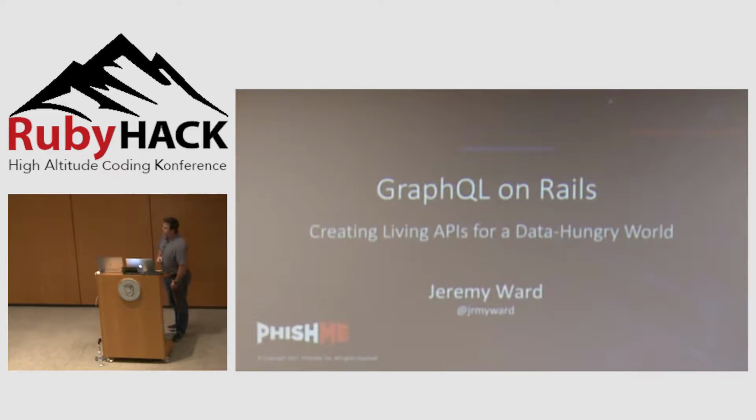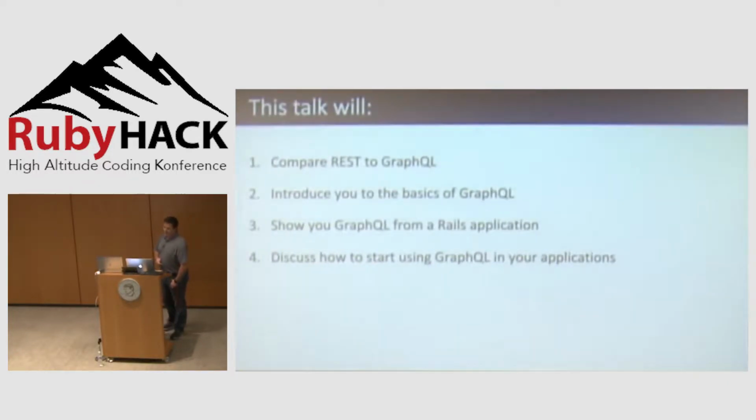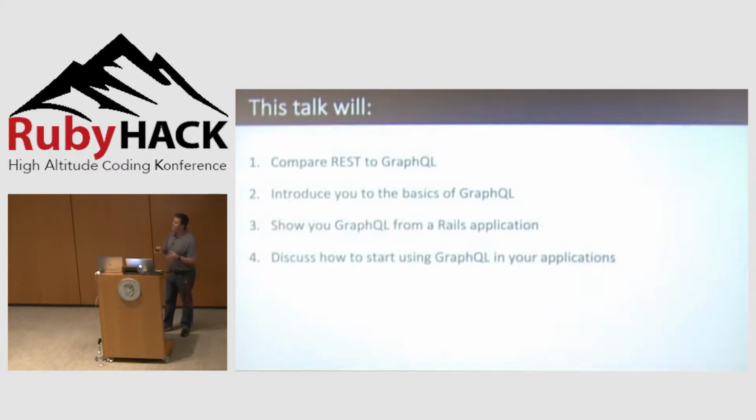And I'm here today to talk to you about GraphQL. We've recently made the decision to start using GraphQL in some of our front-end projects and microservices, and would like to share a little bit about that. So in this talk, we'll compare our existing API standard, REST, which has served us very, very well, to GraphQL.